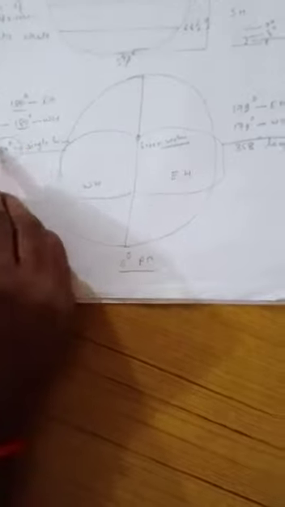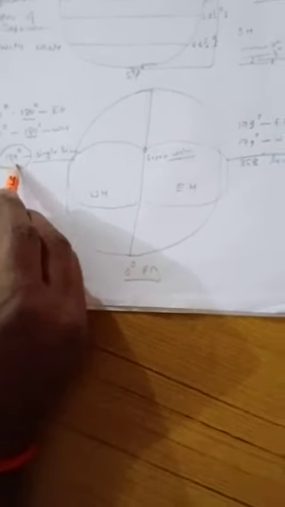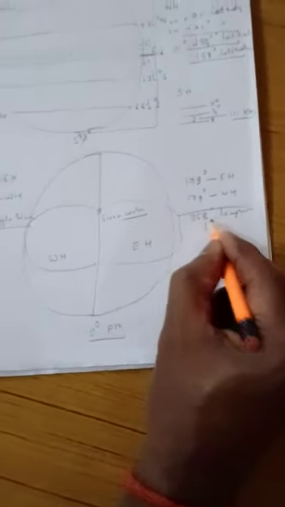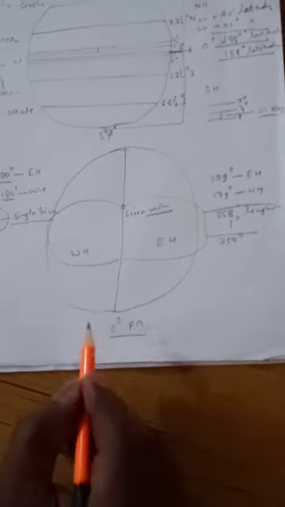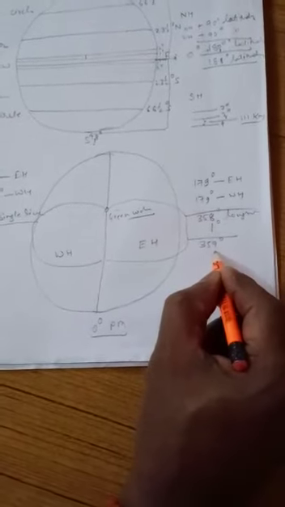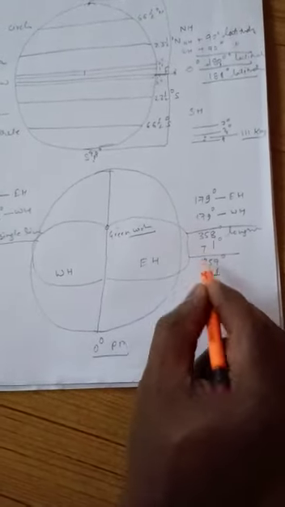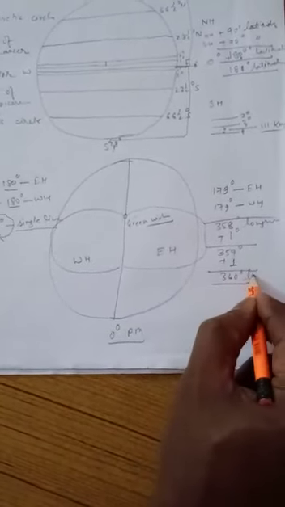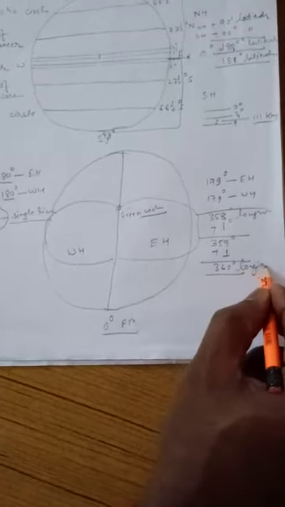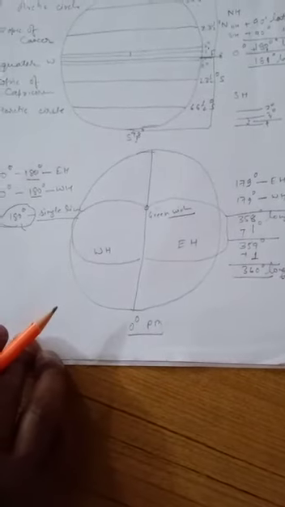Now another important one which I have told you, 180 degree, is a single line, so it has been counted as one. Now it becomes 359 degree. Now the other one, the 0 degree prime meridian, is also a single meridian, so it will also be counted as 1. Okay, so now it becomes 360 degree. So the total number of longitudes is 360.